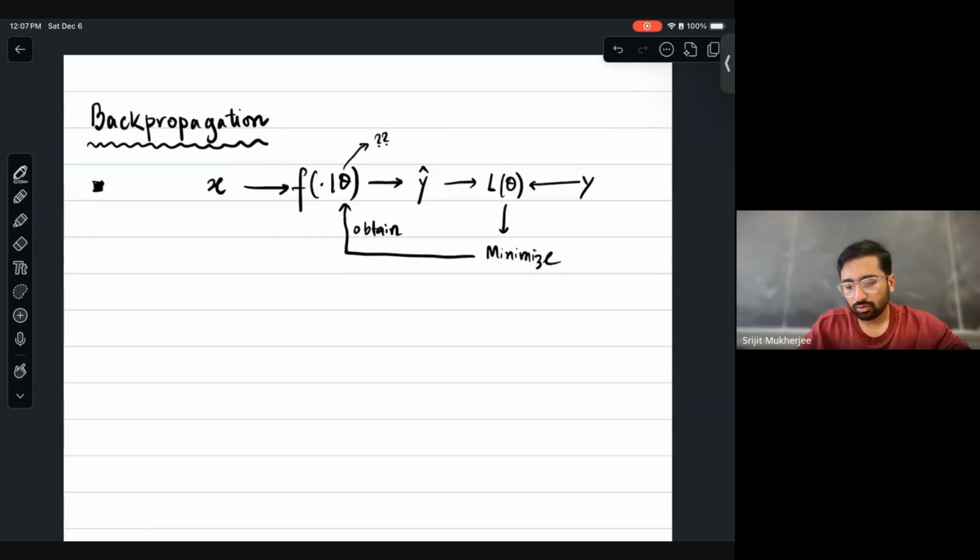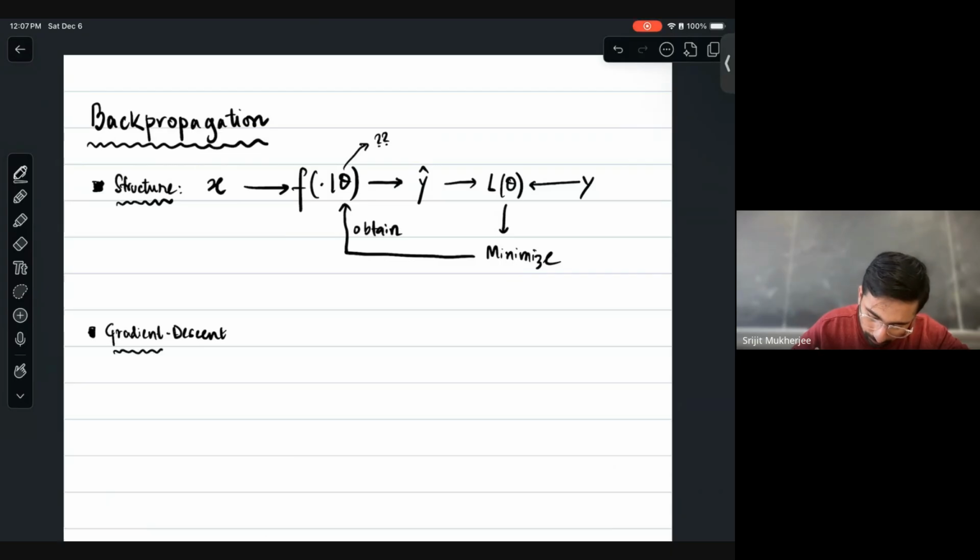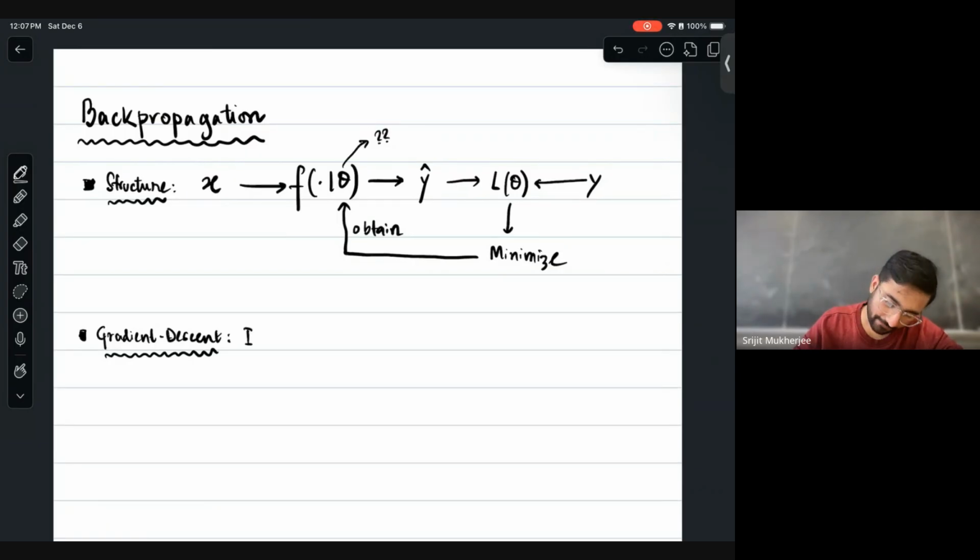Now, how do we solve this problem? So the way to solve this problem, this is a structure, I would say. And we will solve this problem by minimizing this, which is iterative minimization, gradient descent. We call it iterative minimization.